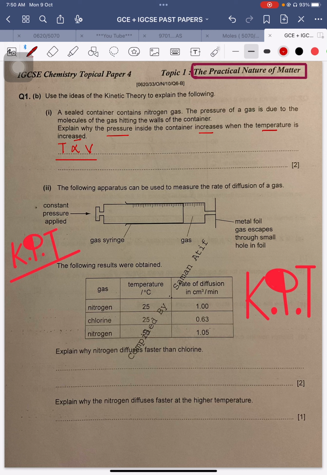They will hit the walls of the container with a higher force, with more frequency, and they are hitting each other with more frequency, due to which the pressure inside the container will increase. You should know that pressure is equal to force per unit area. So when there is more force per unit area, there will be more pressure.